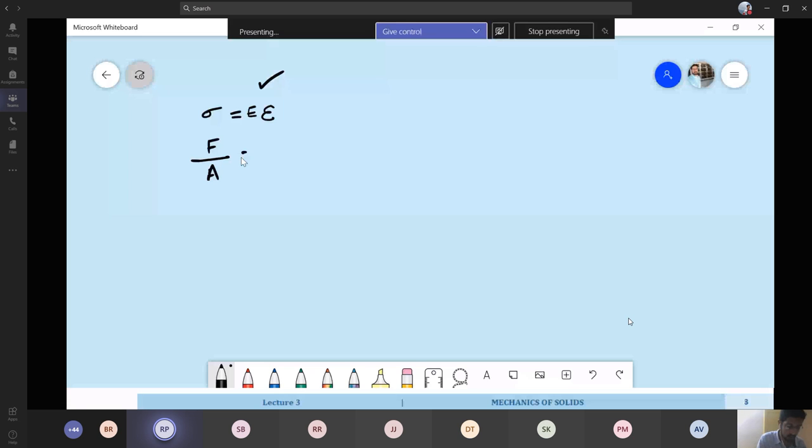Change in length is 0.21 mm. Okay, and what is the value for L? Length is 20 centimeter, so it is 200 mm. And what is the area?